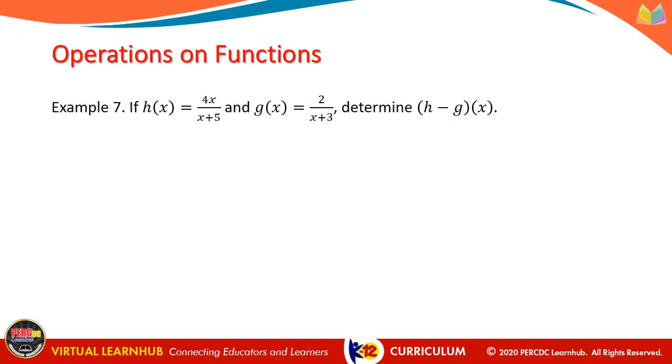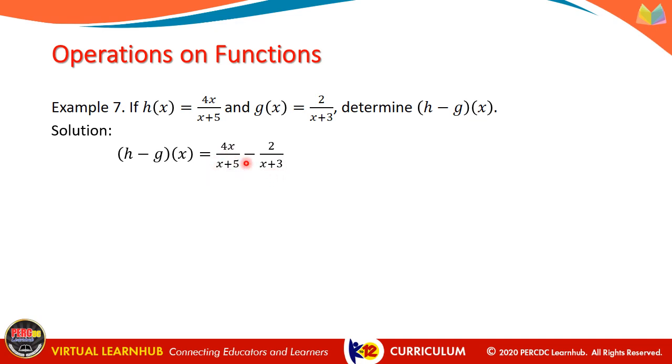Example number 7. If h of x is equal to 4x over x plus 5 and g of x is equal to 2 over x plus 3, determine h minus g of x. Our solution would be h minus g of x is equal to 4x over x plus 5 minus 2 over x plus 3.